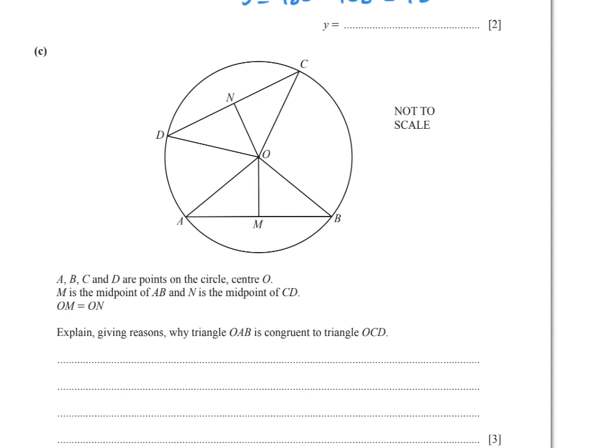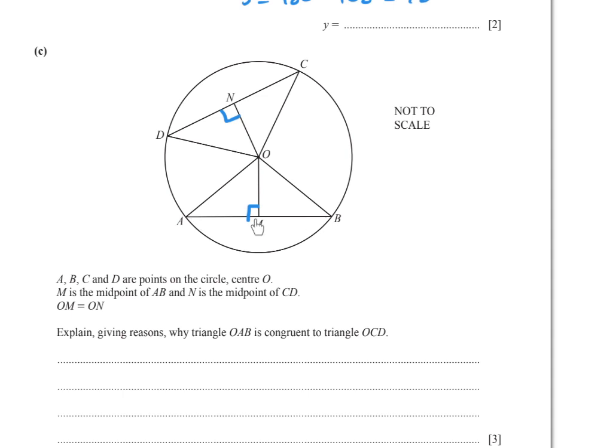We have OM equals ON and M is the midpoint, so this angle is 90, and N is the midpoint, so also this is 90, because the bisector from the center to the chord is perpendicular to the chord.